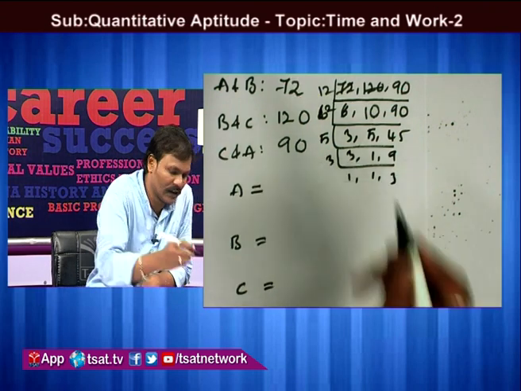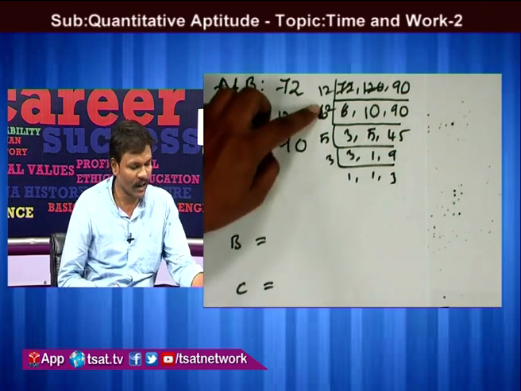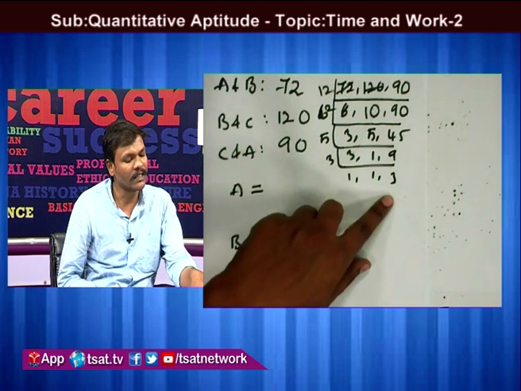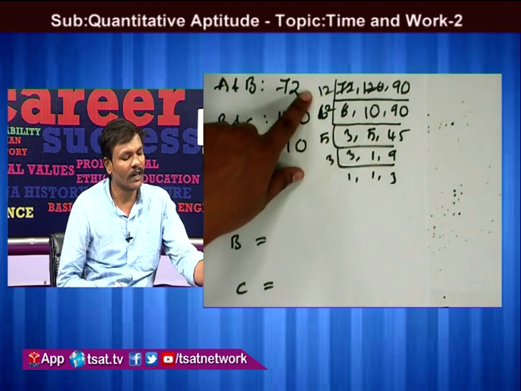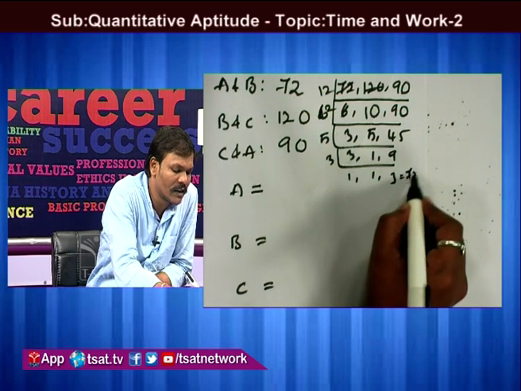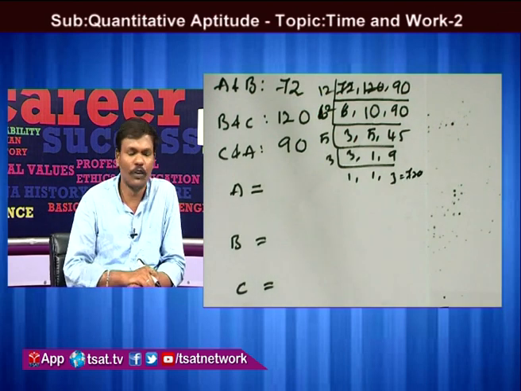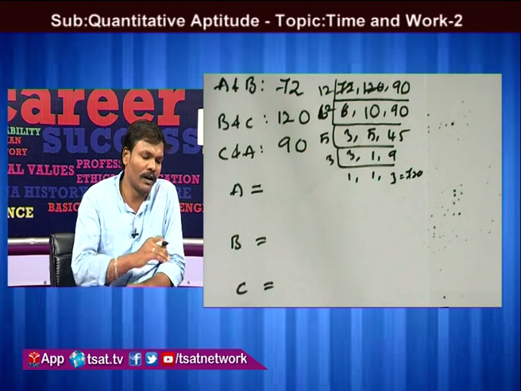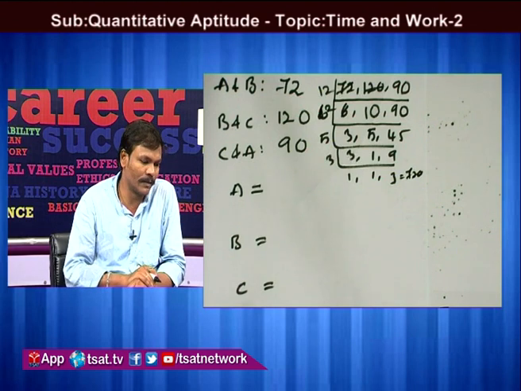So 5 twos are 10, 10 threes are 30, 30 threes are 90, 90 times 12 is 720. Okay, 720 is the LCM.